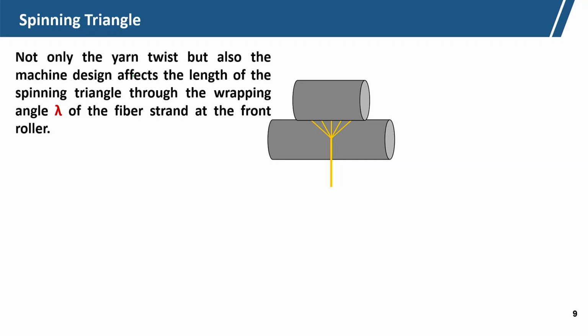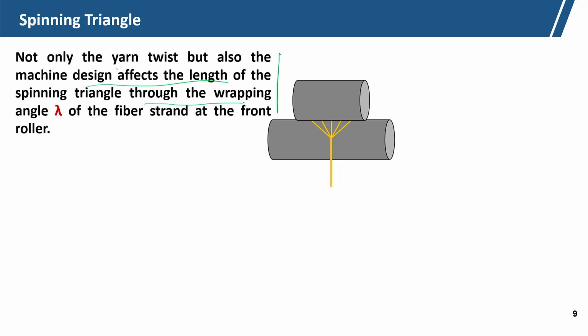But by machine design we can control the length of the spinning triangle without changing the twist. So, that means for lower twist we can also reduce the spinning triangle. Let us see the spinning triangle.